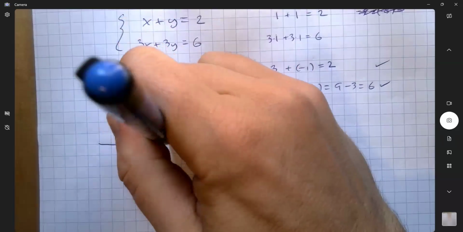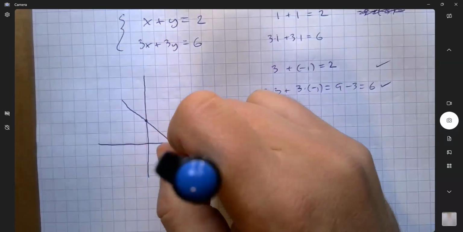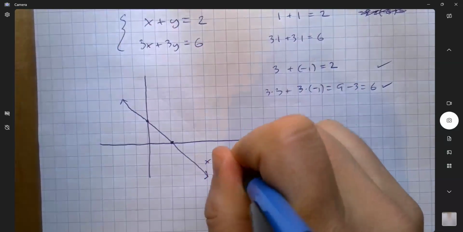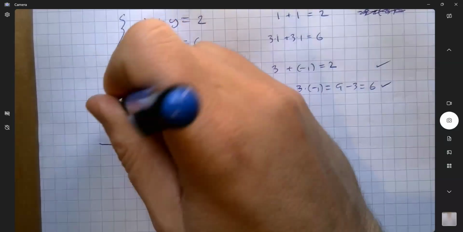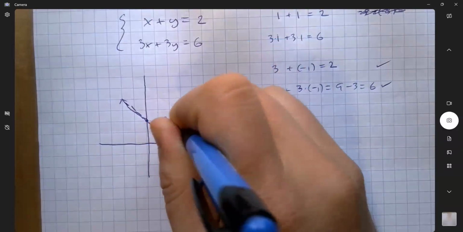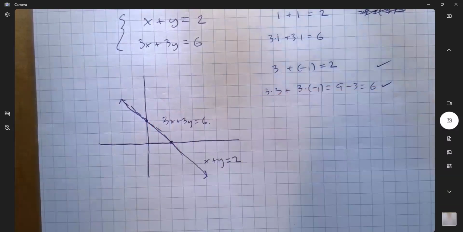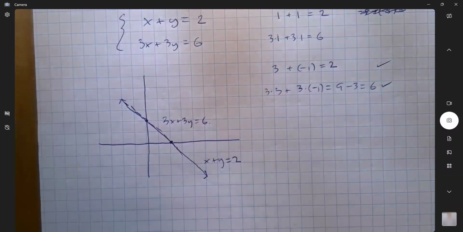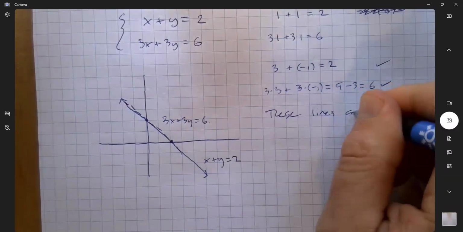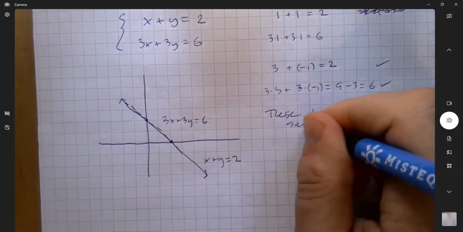What that tells us is if I graph my first line, x plus y equals 2, and then I graph my second line, 3x plus 3y equals 6, it's going to be one right on top of each other. These lines are the same.